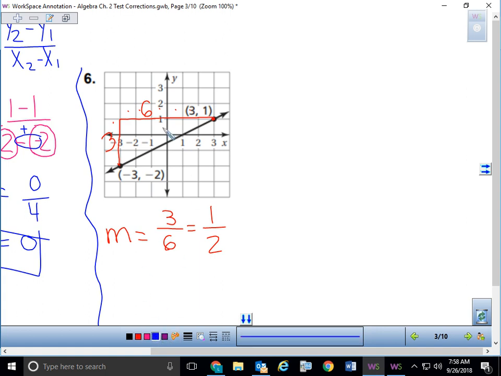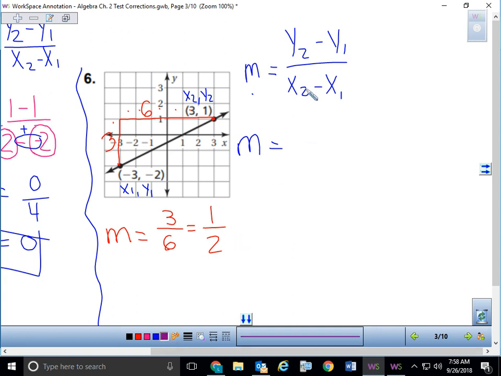Again, it doesn't matter which one you choose as your x1, y1. I'm going to let the bottom one be x1, y1, and the top point be x2, y2. Plugging it in, I'll rewrite the formula: y2 minus y1 over x2 minus x1 equals our slope.